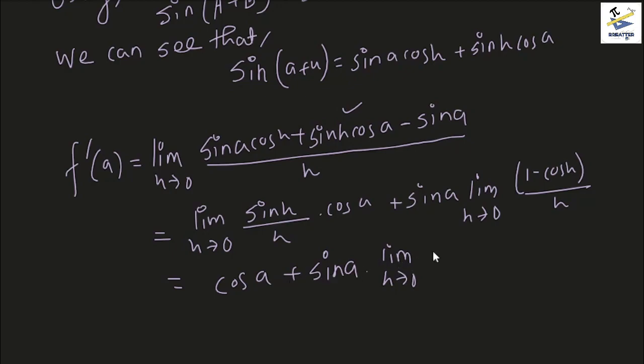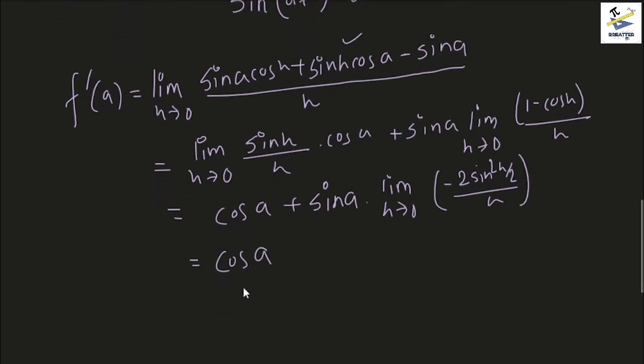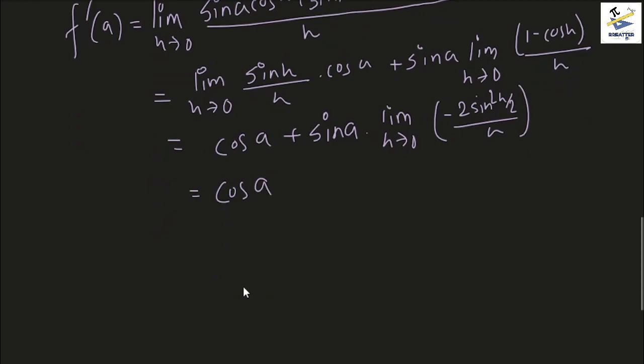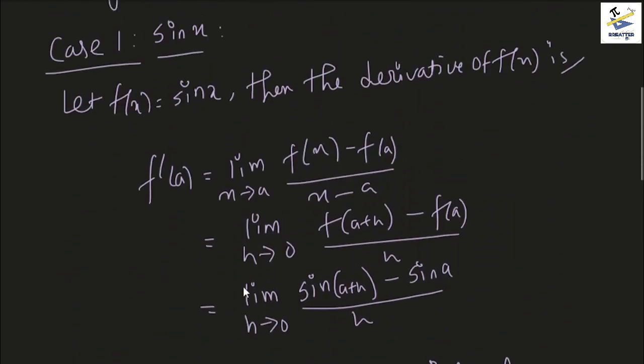So using that formula it becomes minus 2 sin square h by 2 by h, and this limit goes to 0, because if it was sin h by 2 we could have found the answer, but since it is sin square h by 2 it goes to 0. So the answer is cos of a. So the derivative of sin of x at the point a is cos of a, right?